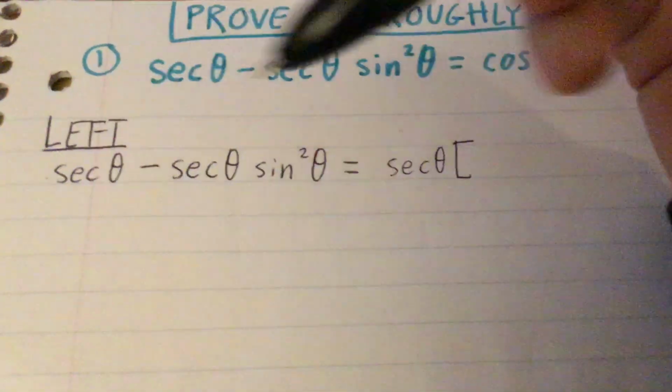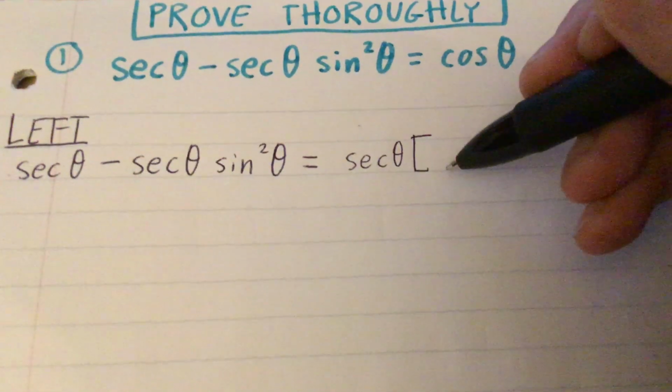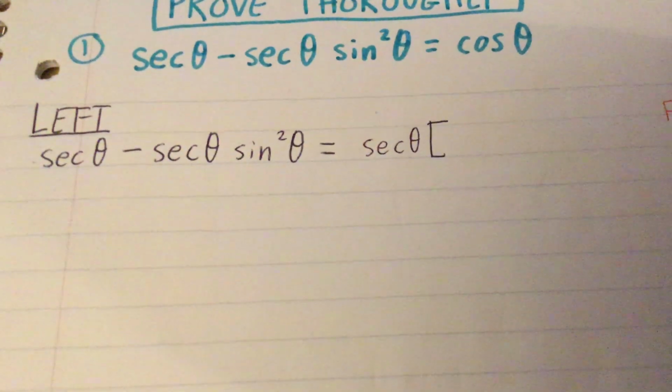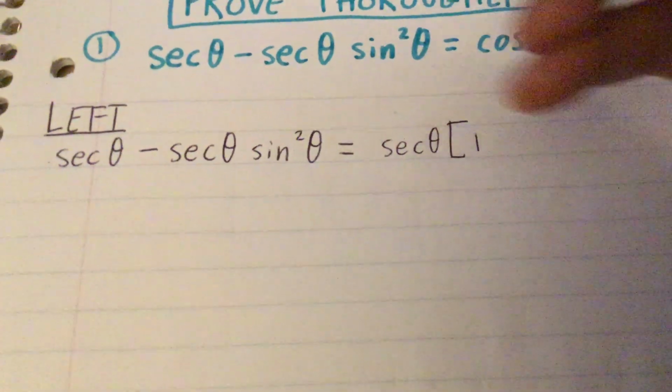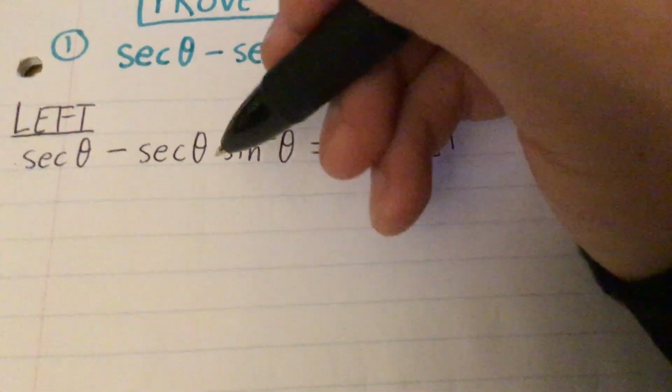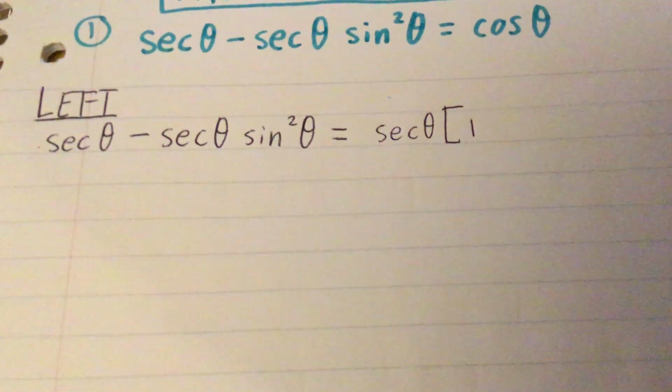So now, if I factor out secant of theta, secant of theta times what is secant of theta? Well, that would be 1. Secant of theta times what is negative secant of theta sine squared of theta?